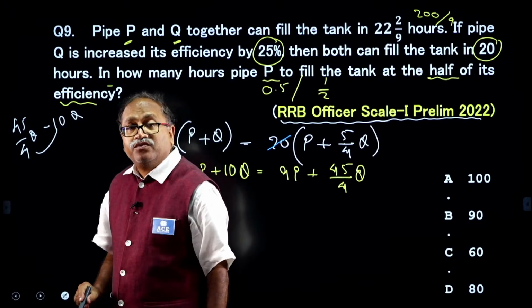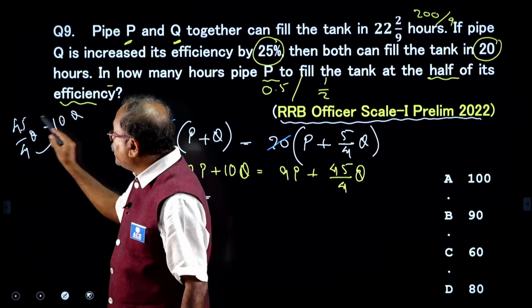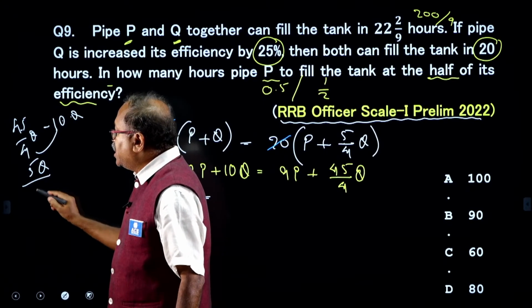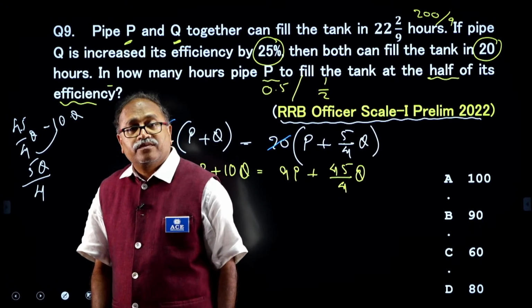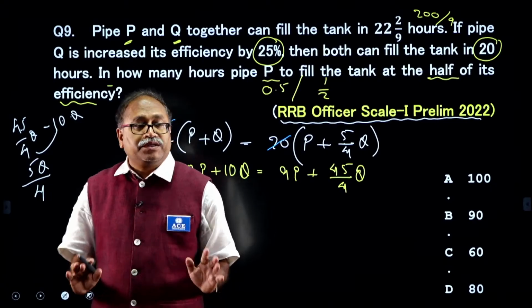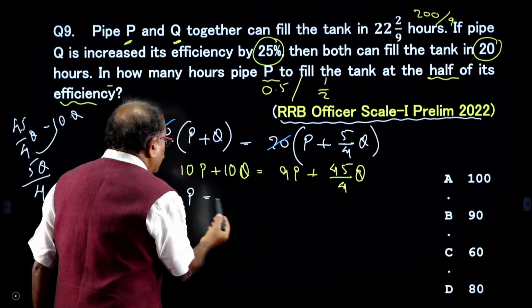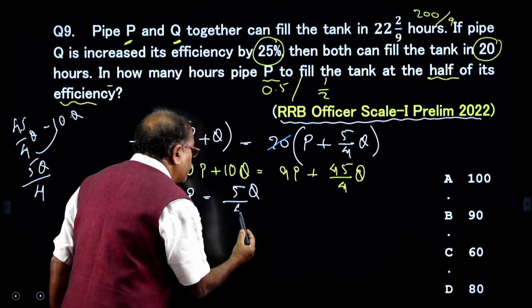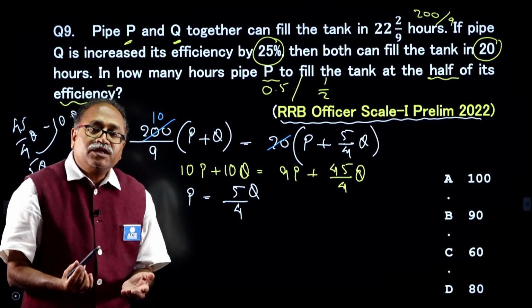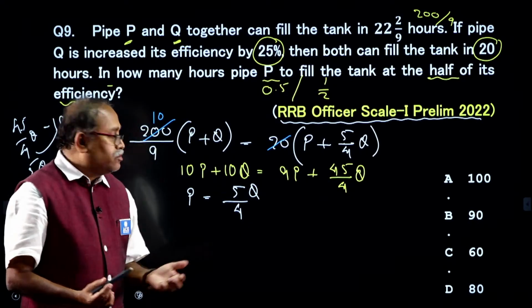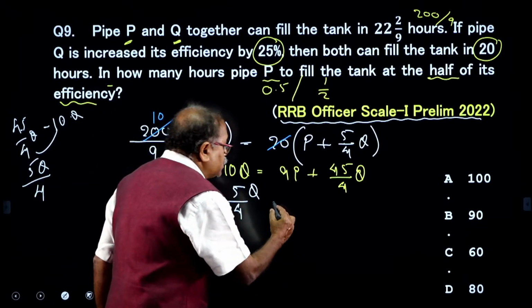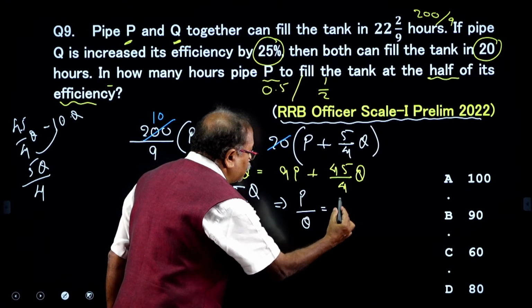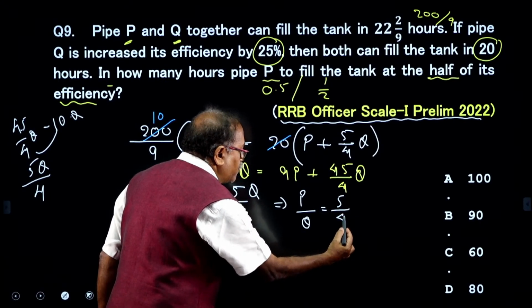This is 40 Q. So 45 Q minus 40 Q is 5 Q by 4. Hope you are understanding this. So P is equal to 5 Q by 4. What is P by Q? Here P by Q is equal to 5 by 4.